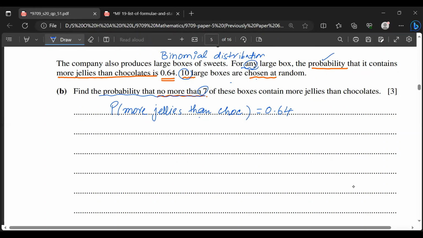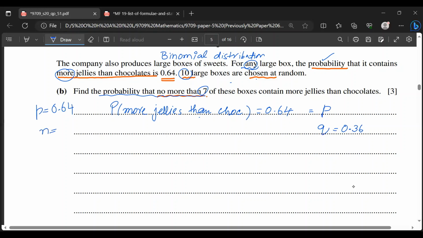So for any large box, the probability that it contains more jellies than chocolates is 0.64. So this is P. P is 0.64. This is the probability of more jellies. So if P is 0.64, Q would be equal to 0.36 because 1 minus P, and here N is equal to 10.